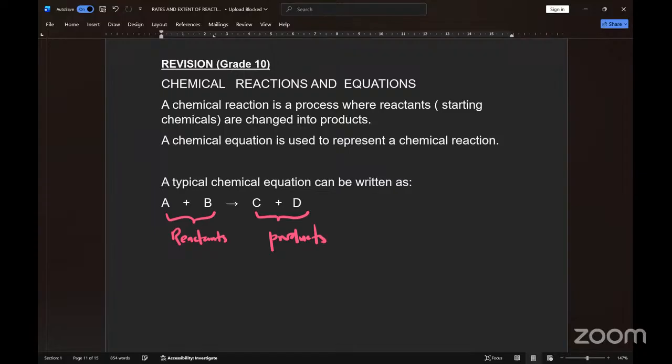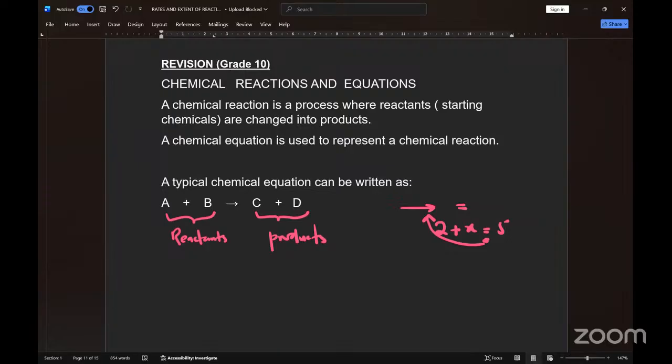Now, your reactants and your products are separated by an arrow. This arrow is like an equal sign in mathematics. Remember, in mathematics, you can say 2 plus x is equal to maybe 5. So that equal sign is what we use here as the arrow. So you have A and B being your reactants, C and D being your products.